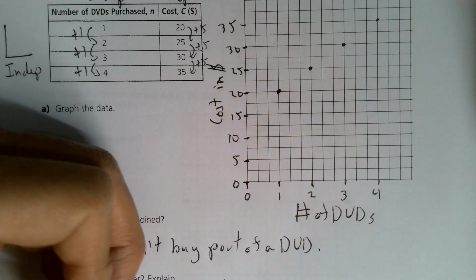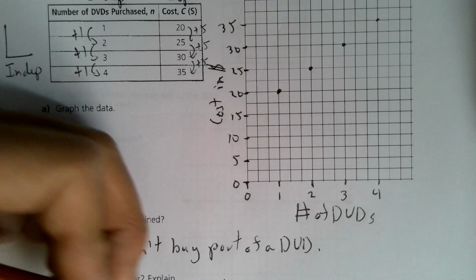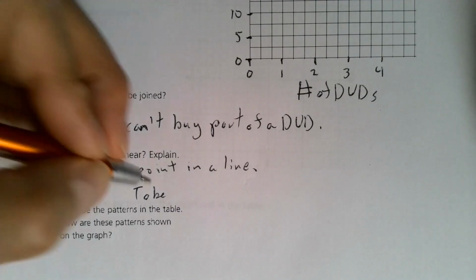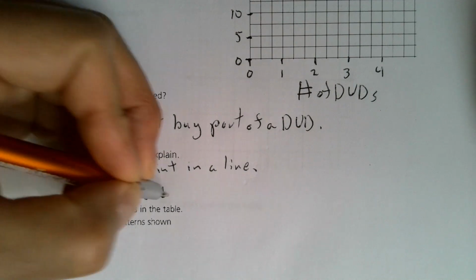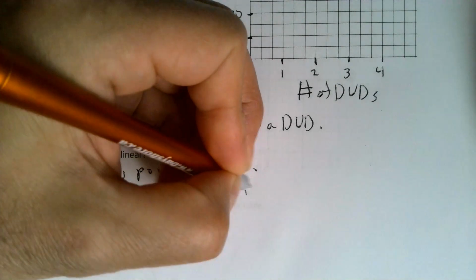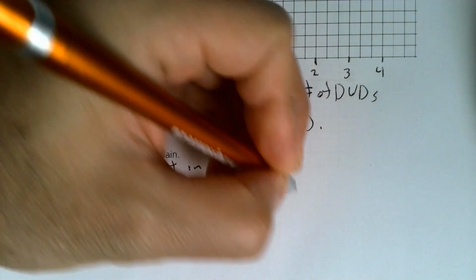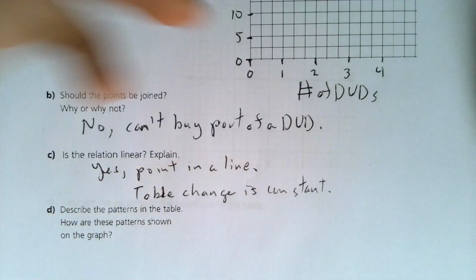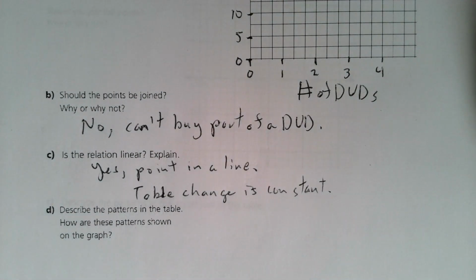You can also write this down: table change is constant. So those are the 2 ways we can see that the relation is linear: the points are in a line and the table change is constant.